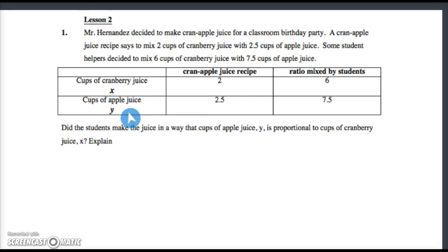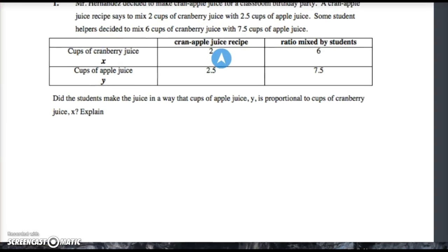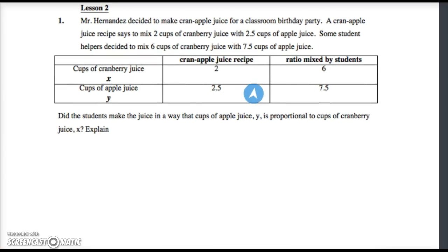Cups of cranberry juice X, cups of apple juice Y. Here's the recipe: 2 cups cranberry, 2.5 cups apple. Here's what the students mixed: 6 cups cranberry, 7.5 cups apple.